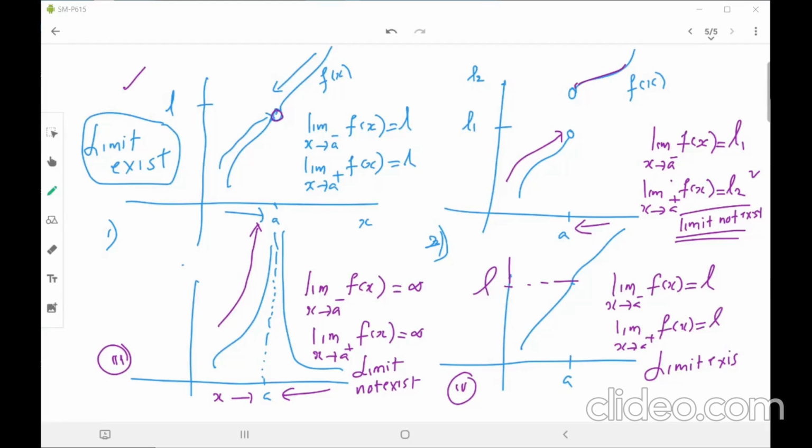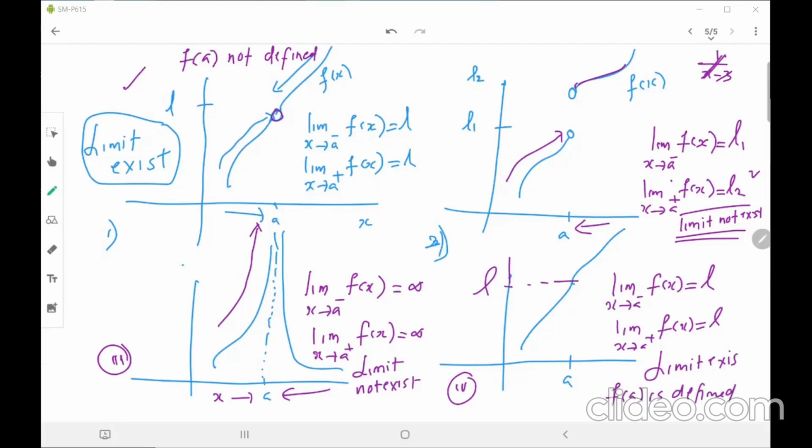So is it like L is not included in the first one? Yeah, exactly. That means here the function is not defined. Just like the example I have shown you, 1 by x minus 3. When x is equal to 3, the function is not defined. So in the first example, f of a is not defined. In the fourth example, f of a is defined.